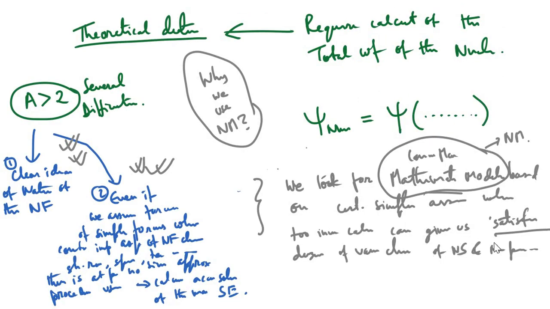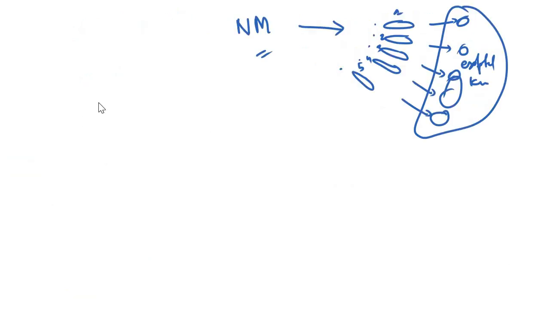Now before I finish, let me talk about this important thing. I said that the model must give us satisfactory results for the various nuclear structure and properties. So what nuclear properties am I going to talk about?